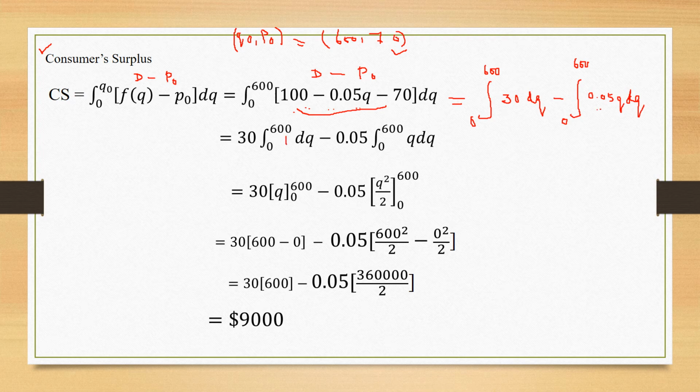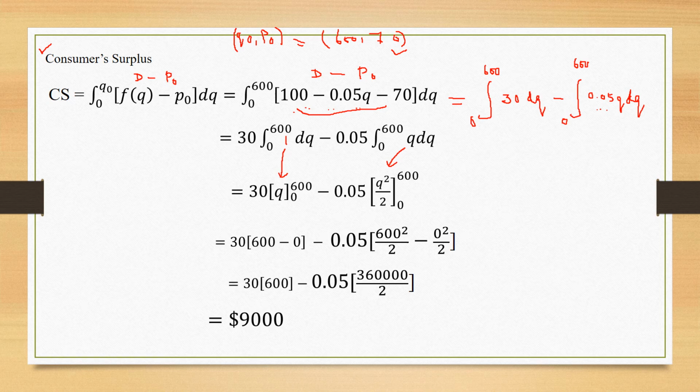Now minus 0.05, also a constant coefficient, goes outside, with the integral of Q D of Q. The integration of 1 is equal to Q, and the integration of Q is equal to Q square divided by 2.